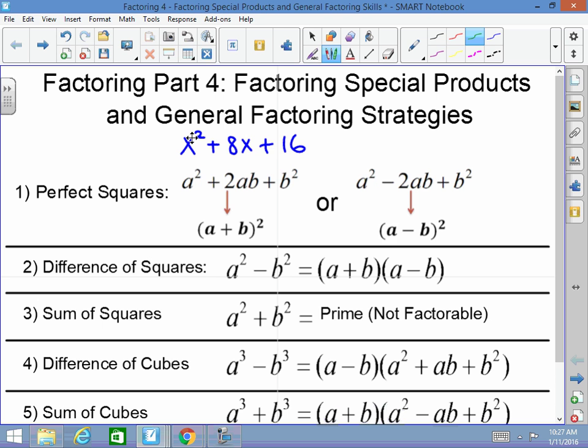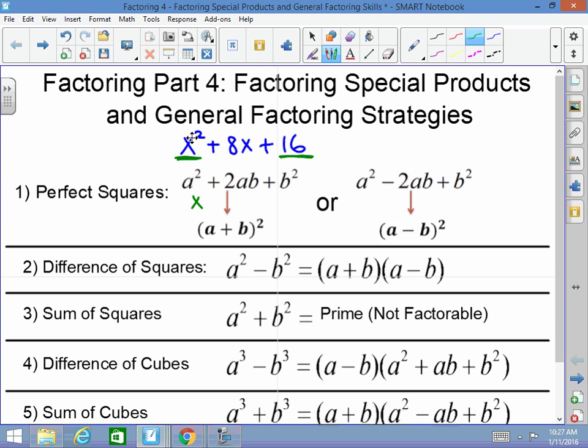Whenever I can recognize that there's a perfect square in the first term and a perfect square in the last term, what I'm going to do is find the square root of the first term. So what's the square root of x squared? x.